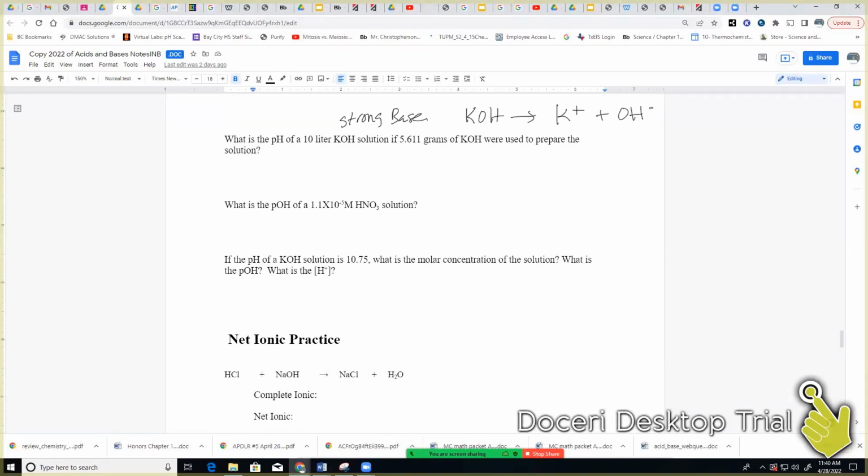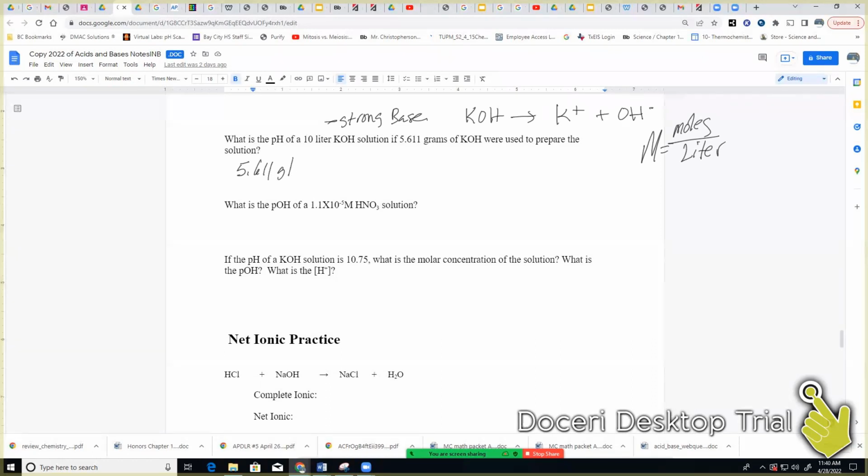So that means if I had the molarity of this, I could have the molarity of my hydroxide, but I don't have the molarity. Remember, molarity is moles per liter. But of course, I don't have the moles, I have the grams, so I'll have to do that little gram to mole conversion.